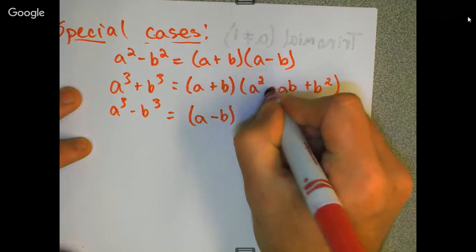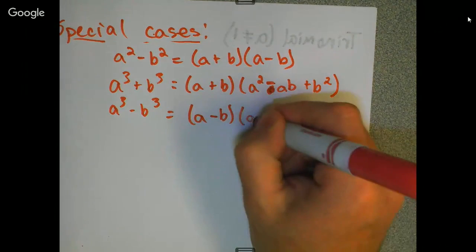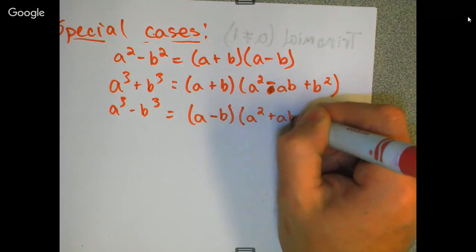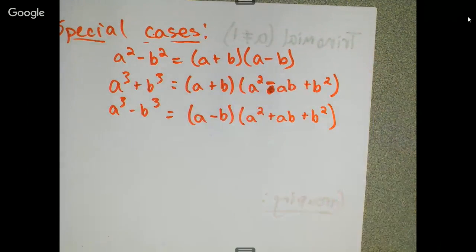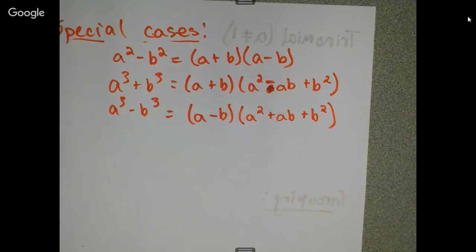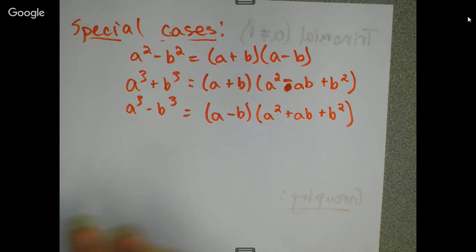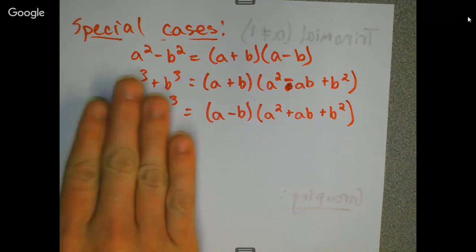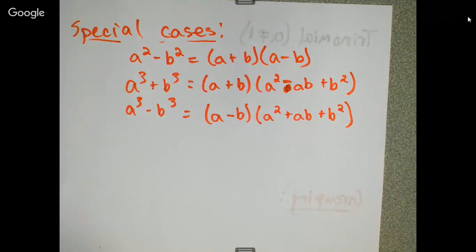Sorry, this is a minus. And then this one is A squared plus AB plus B squared. I got those backwards. You may want to have these written down somewhere to quick reference. You will want to know these for factoring. It's not like 0.3 where we don't necessarily have to know how to go from this to this. We got to know the setup of how going from here to here.